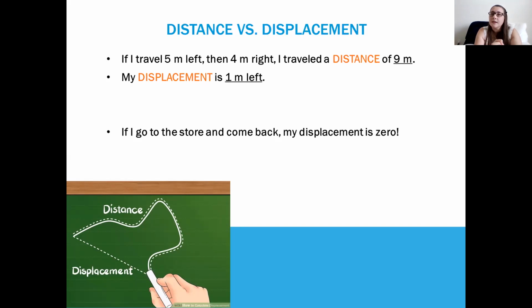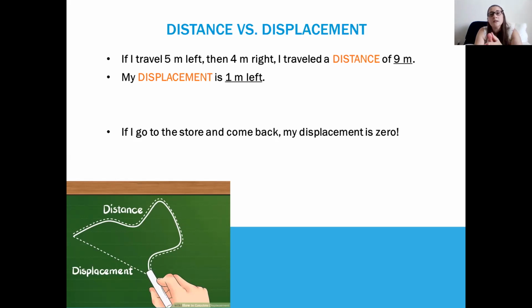Your displacement, however, is just concerned with where you started and where you ended up, the distance between those 2 points. It doesn't matter what path you took to get there. So if you went 5 meters left and then 4 meters back to the right, you're still only 1 meter away from where you started. So your displacement is 1 meter to the left.